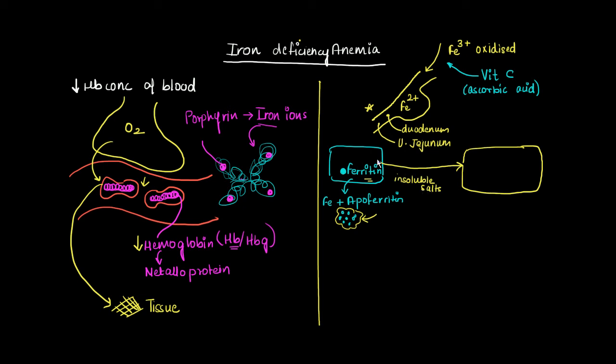So when iron is transported, again it takes help of another protein, and this protein is called apotransferrin. Now, the combination of iron with this transport protein apotransferrin is called transferrin.